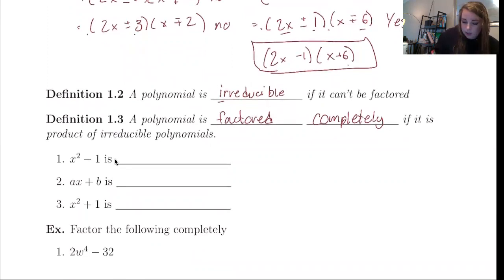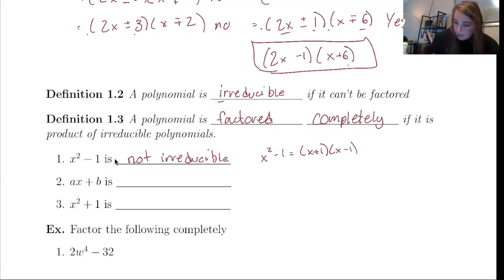We'll learn this one in just a second, but this is not irreducible. This actually factors into x plus 1 and x minus 1. And we'll learn tools in C.2 to help us figure that out a little bit more.